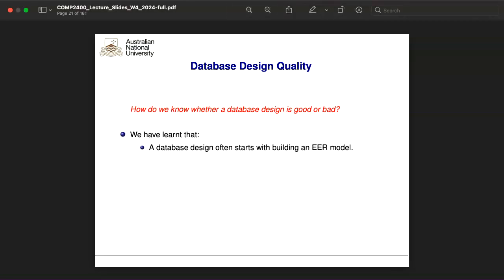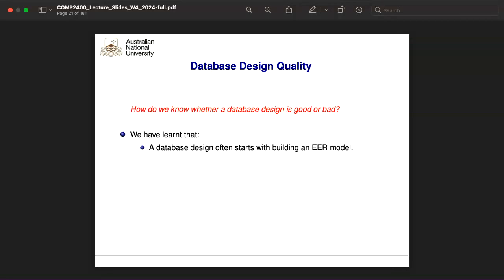So think about what we have learned so far in this course. I think last week you learned conceptual modeling, ER modeling, or extended ER modeling. The basic idea is in real life, when customers approach you or your manager asks you to do database design, you start with collecting requirements.